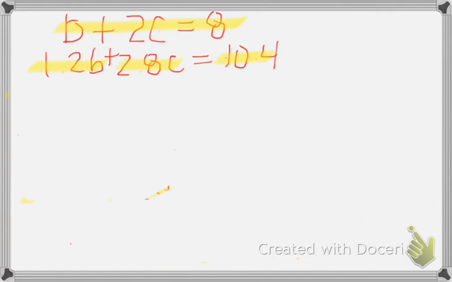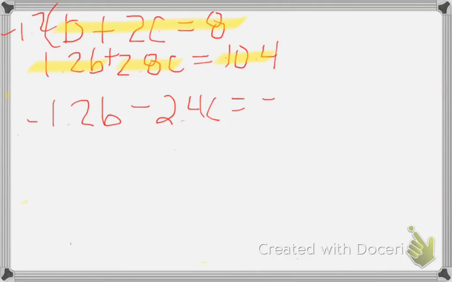So we're almost done. Let's go up here and multiply this top one by 1.2, and let's make this negative. So this is going to give us negative 1.2b minus 2.4c, and of course that's going to equal negative 9.6. All I did is take this top equation and multiply it by negative 1.2.